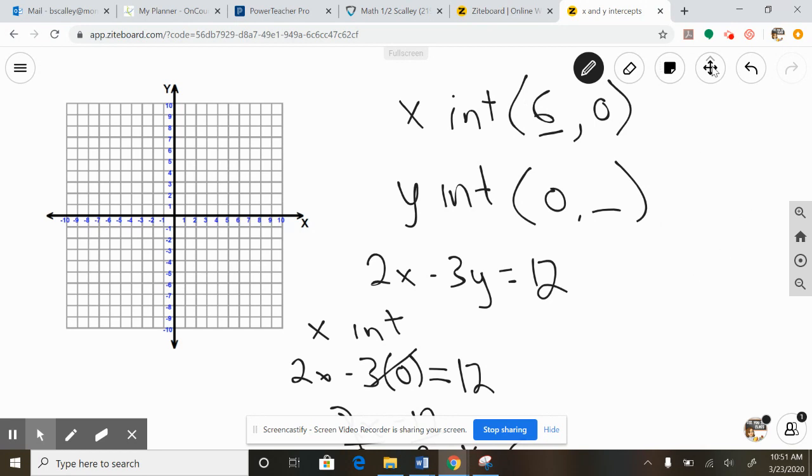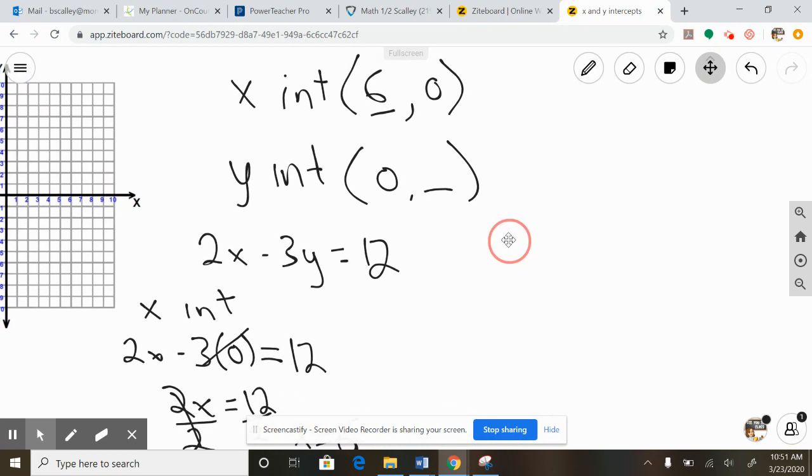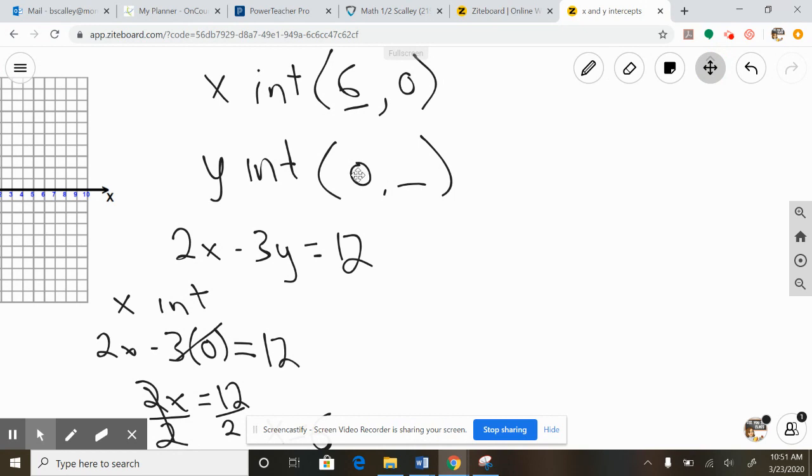And now I'm going to do the same thing, but for the y-intercept. So for the y-intercept, I plug 0 in for x. So let's see. For the y-intercept, it would be 2 times 0, plugging in 0 for x, minus 3y equals 12.